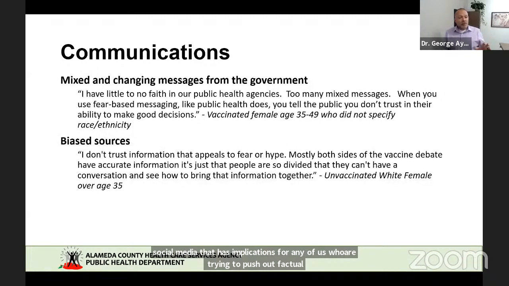They also gave us information about mixed and changing messages from the government, which we have to pay attention to, and then concerns about biased sources of information.